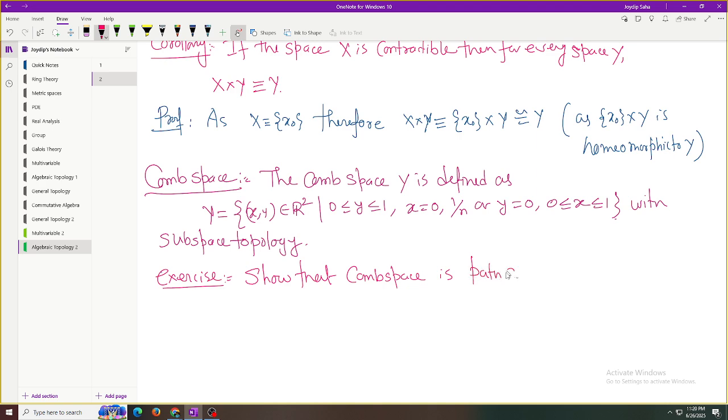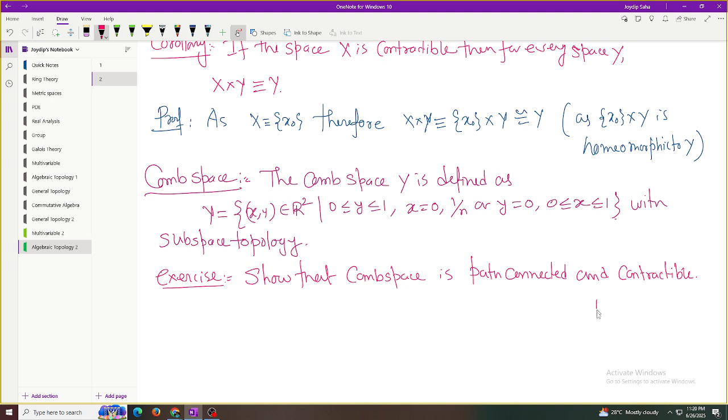Comb space is path connected and contractible. So if you show it is path connected, then next you have to show it is contractible. So both are very easy.